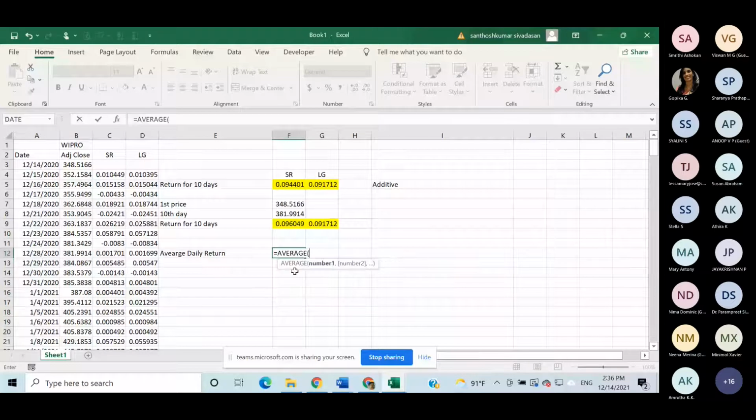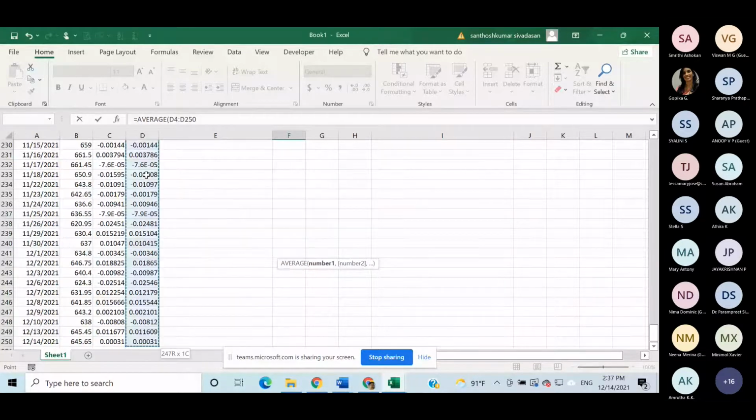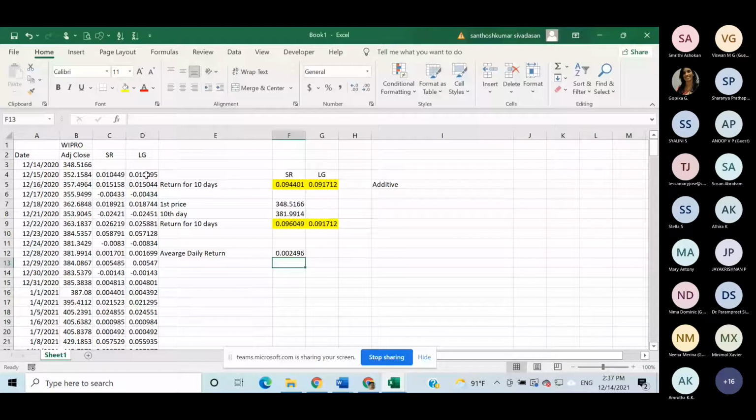Give the numbers you need the average of. I'm leaving the header and taking the average of this one. Control shift down arrow will choose the distribution. So I have computed the average daily return.